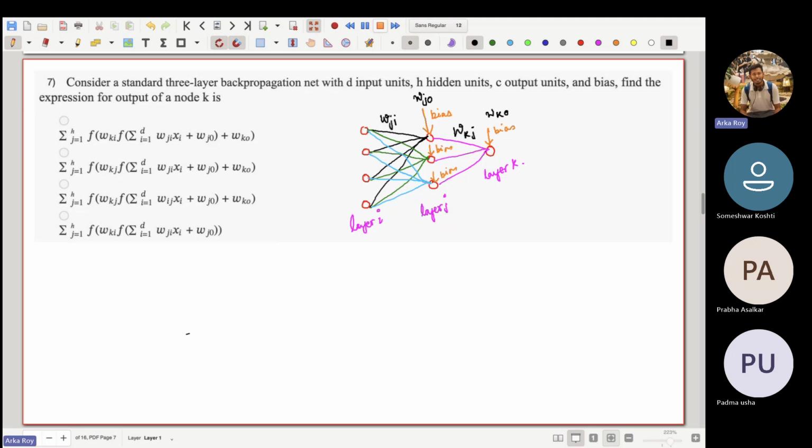So now we have to comment about what the output is, that is y.